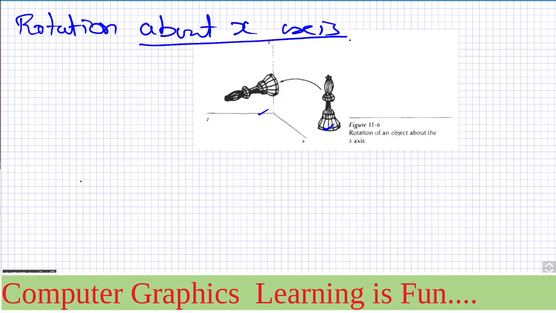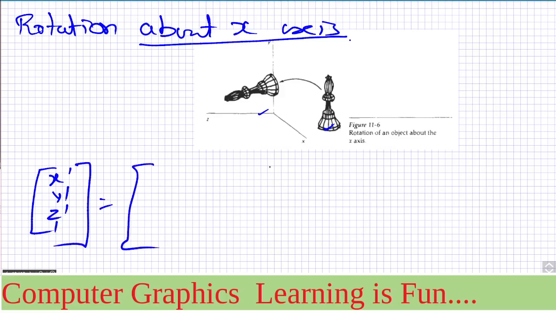So for this again you have to understand what will be the matrix: x dash, y dash, z dash and 1 is equal to your matrix times x, y, z and 1.